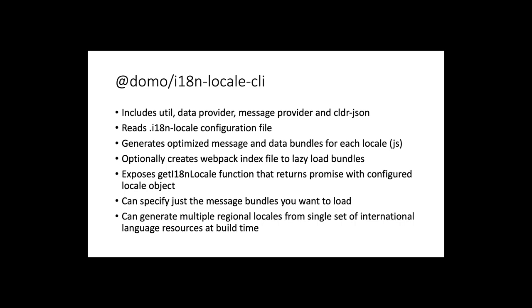The function returns a promise containing a fully configured I18N locale object with messages and data preloaded. By passing an array of bundle names as the second argument to getI18nLocale, you can load just the message bundles you need for a particular part of your application.